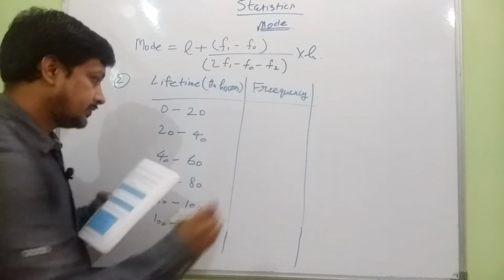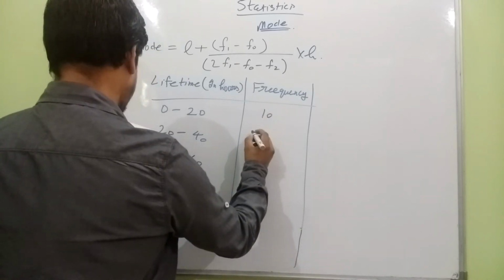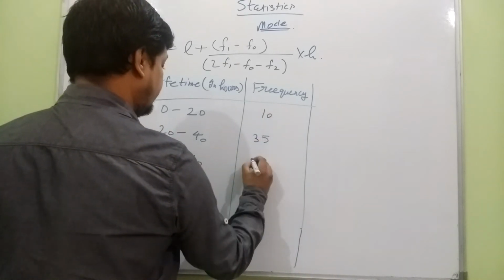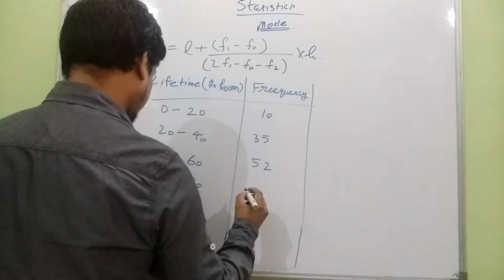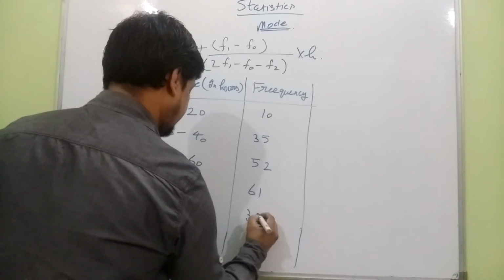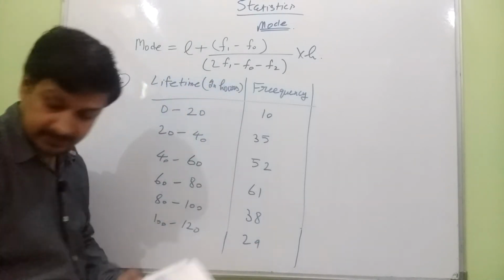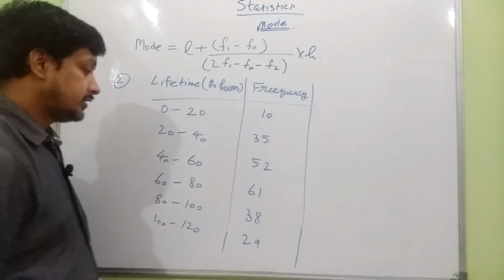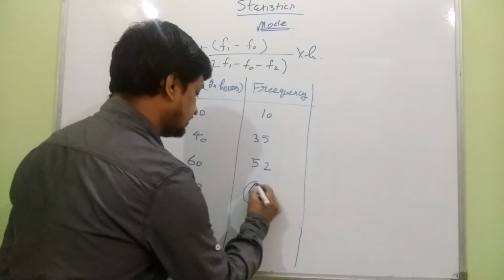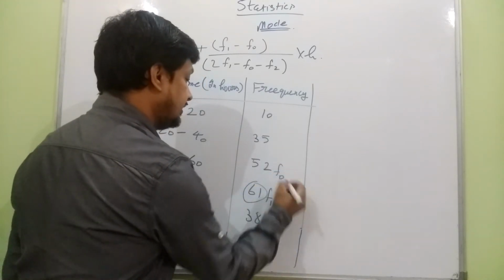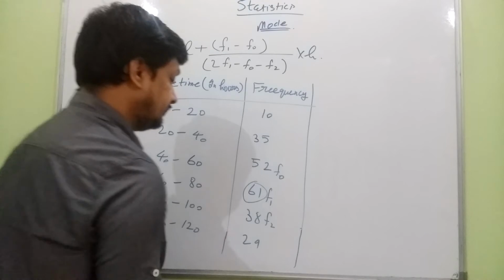Frequencies are 10, 35, 52, 61, 38 and 29. These are the real frequencies. So what is the greatest frequency? It is 61. So it is F1, it is F0 and it is F2.